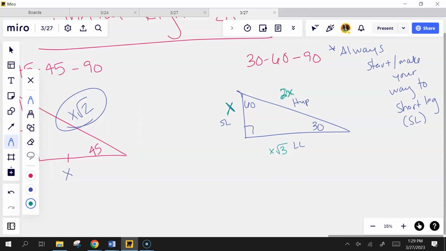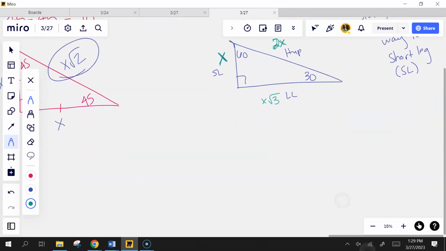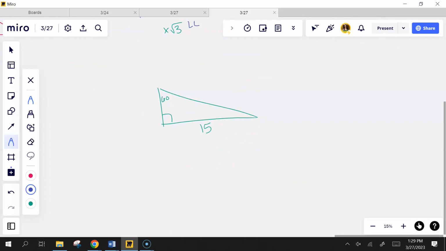All right, let me show you an example of this because it's the hardest. Solve the triangle. 30, 60, 90. All right, listen, because this is going to get confusing. 30 is my missing angle.